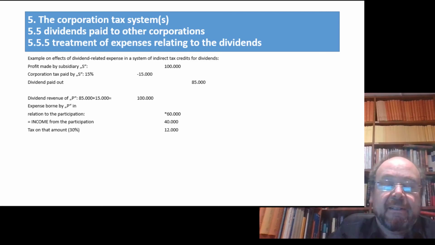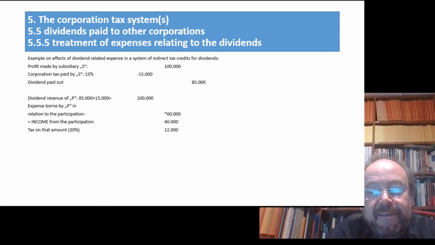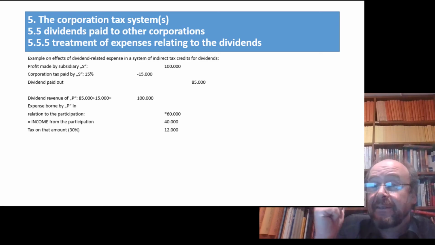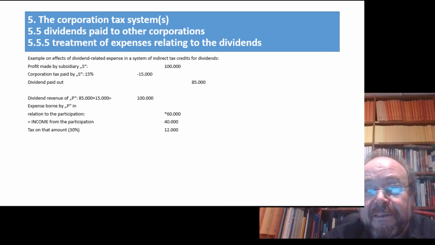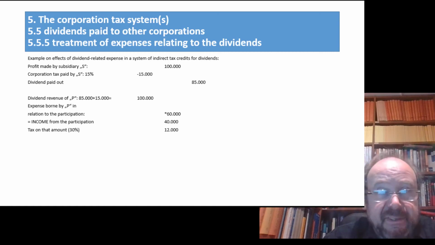Imagine we pay a high tax rate of 30%. That is now 12,000. Now you would have expected that if the foreign tax is 15% and your home state tax is 30%, that you could completely use the foreign tax credit.